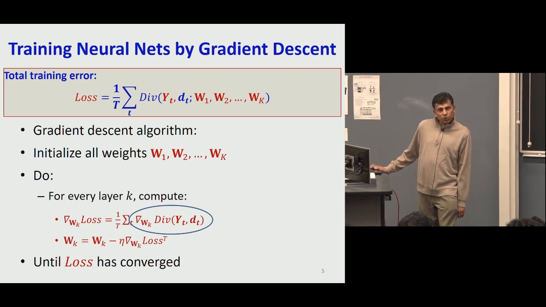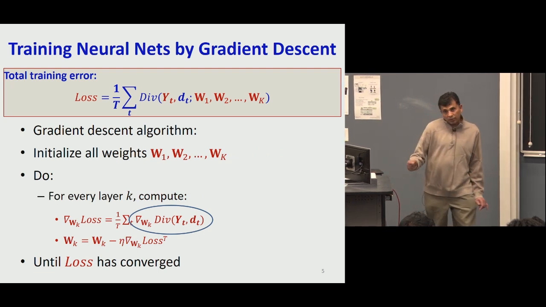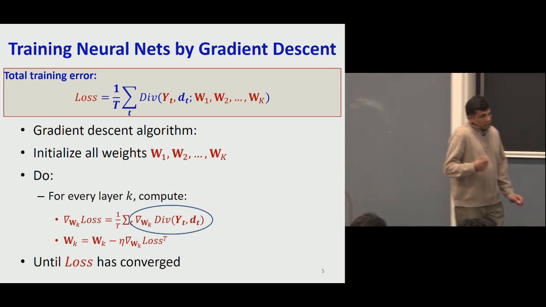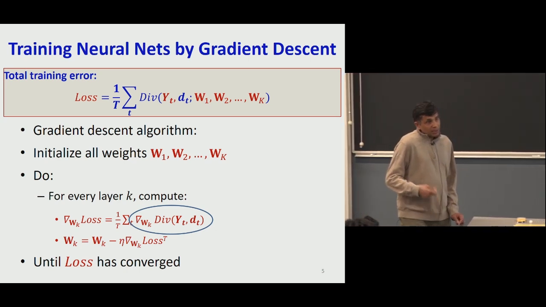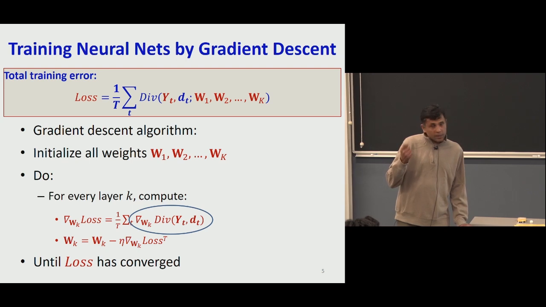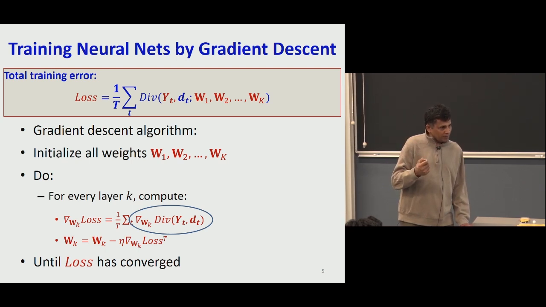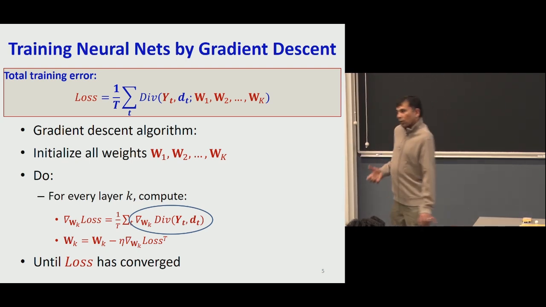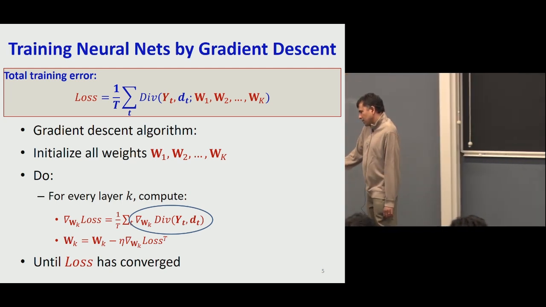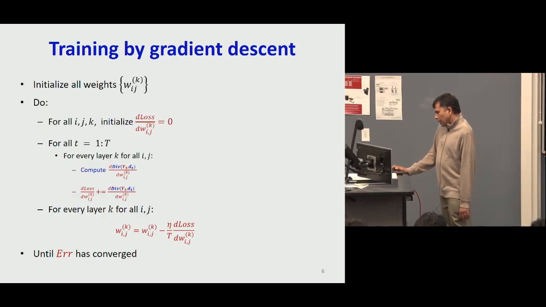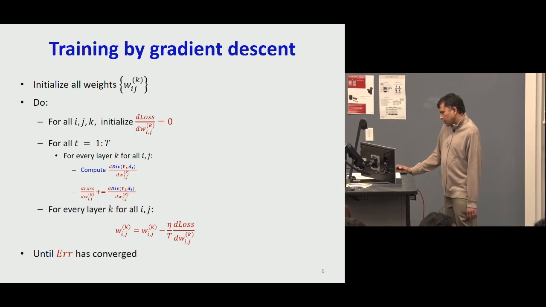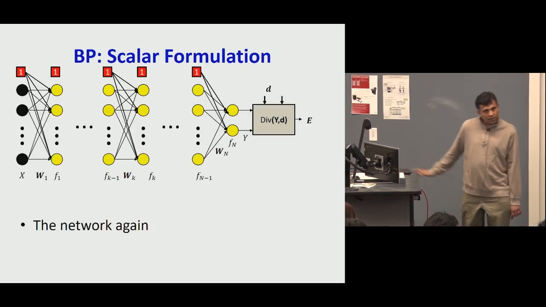Now, this means we needed to compute this one term. What is the derivative of the divergence between the actual output of the network and the desired output of the network in response to a single input, right? And the derivative with respect to all of the parameters of the network itself. So this was just the same thing restated.